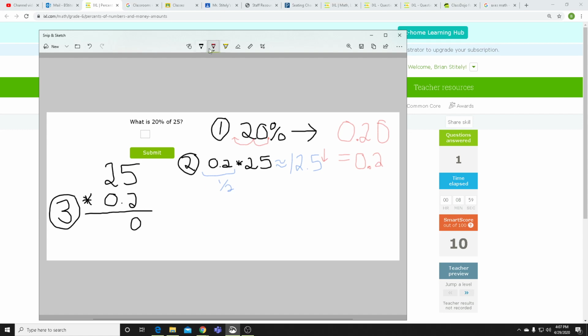So you write down the 0, carry over the 1. 2 times 2 is 4, plus 1. You get a 5. Now, we're multiplying by the tens place now, so you put a 0 here. 5 times 0 is 0. 2 times 0 is also 0.